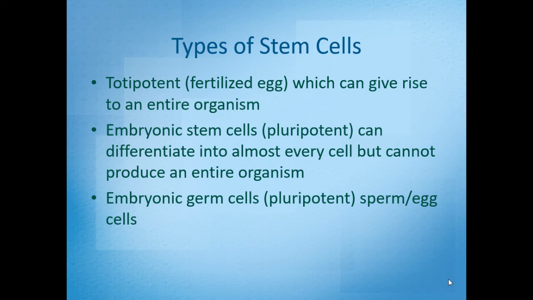So we have the totipotent, which is a fertilized egg, which can give rise to an entire organism. Embryonic stem cells are the ones that you most commonly hear about. They can differentiate into almost every cell, but they cannot produce an entire organism. And embryonic germ cells are just the sperm and the egg cells.